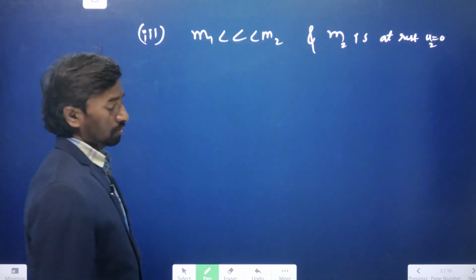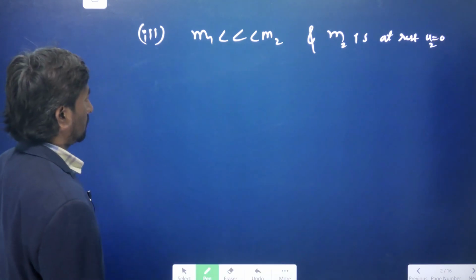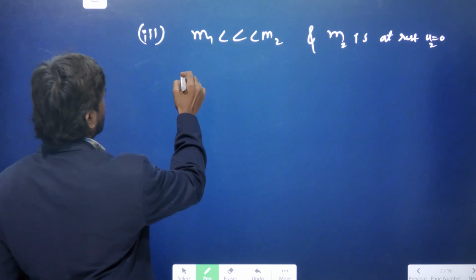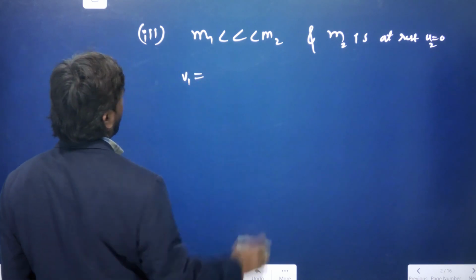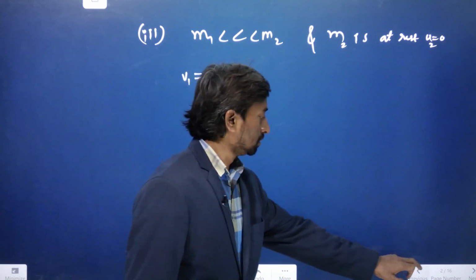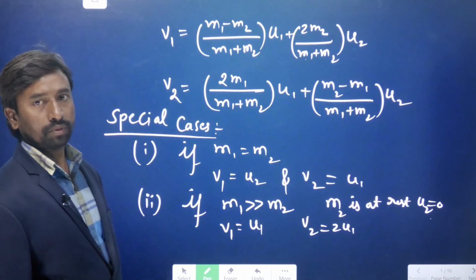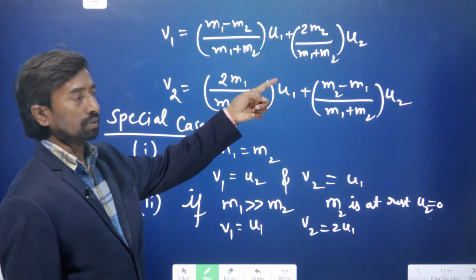Now if you substitute in the above formula, V1 is equal to, so what is the V1 formula? V1 is M1 minus M2 divided by M1 plus M2, into U1.